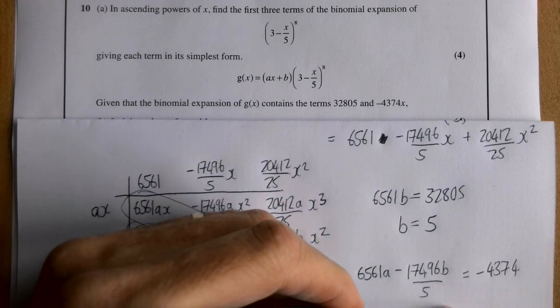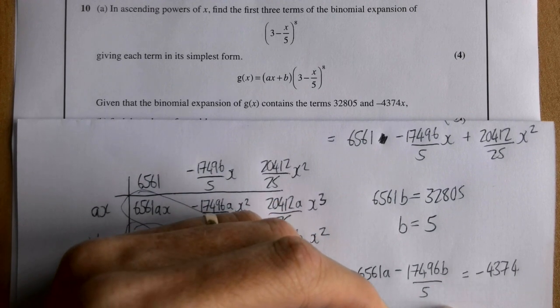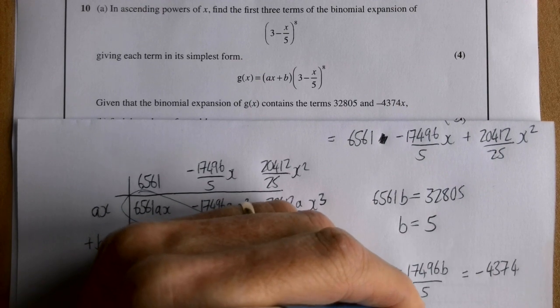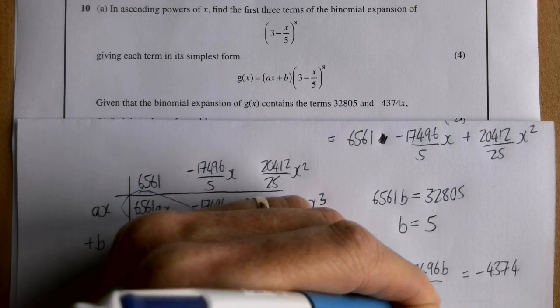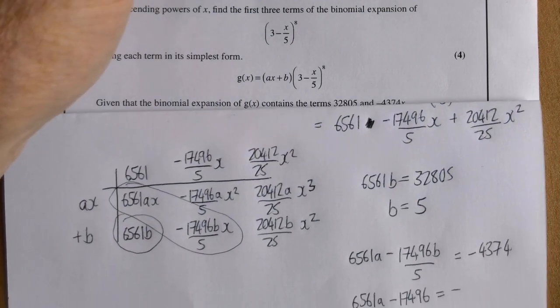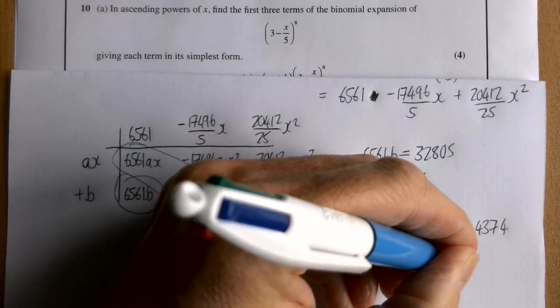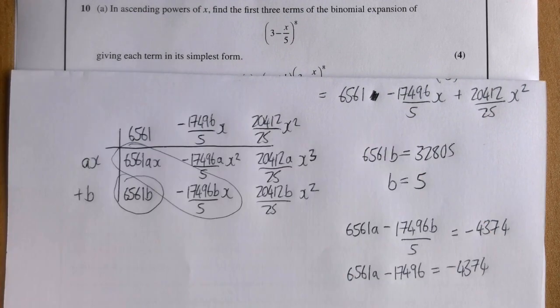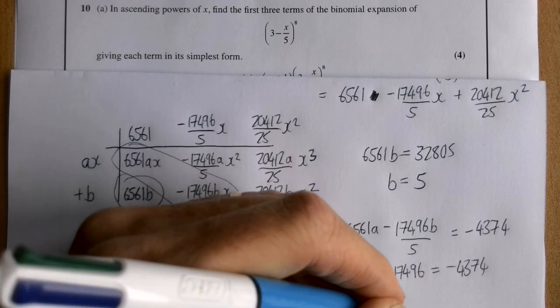So that then becomes, running out of space, sorry. There we go, that's better. And it's some nice easy algebra then, isn't it?